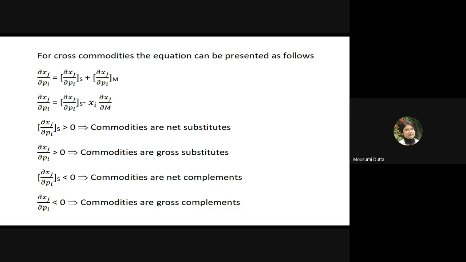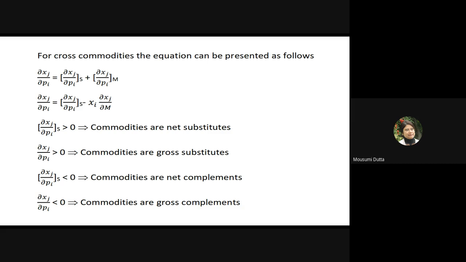For cross commodities, equations 1 and 2 can be presented as del xj by del pi is equal to del xj by del pi s plus del xj by del pi m.